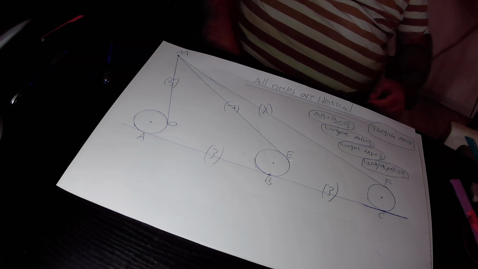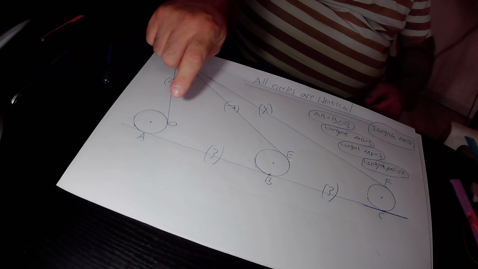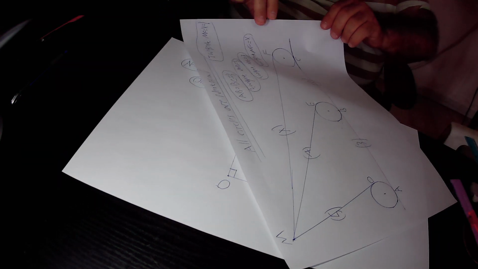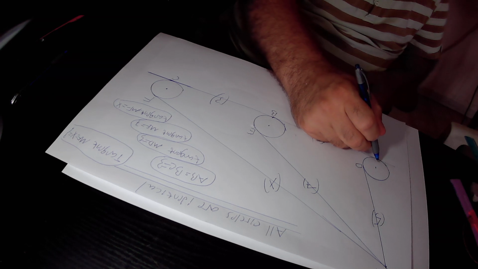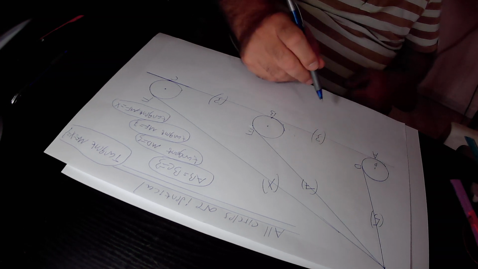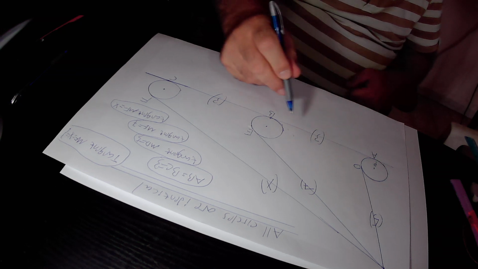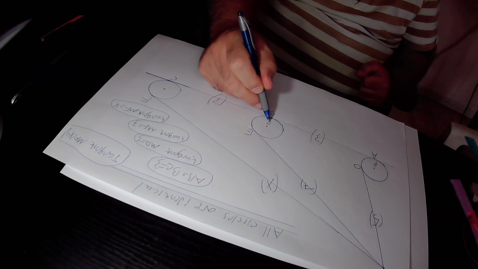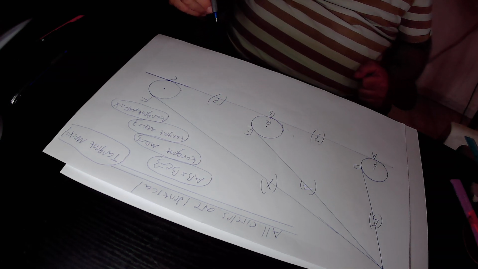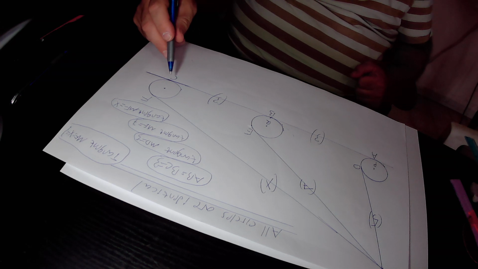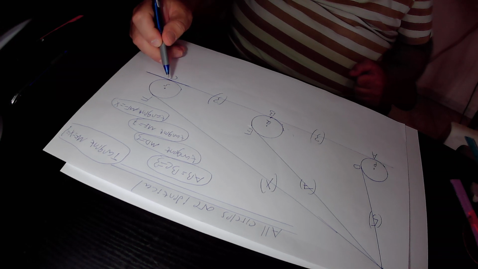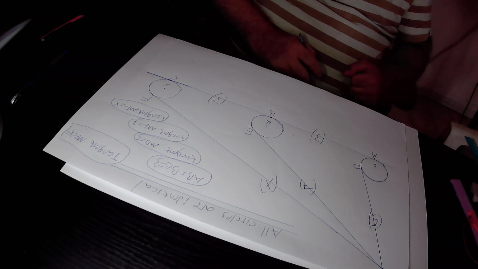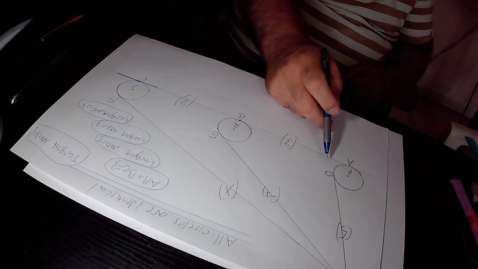So first of all, we define the center of this circle. This point is point P. We define the center of this middle circle. This point is Q. And we define the center of this circle. This point is point S. In the next step, we join points P and D together by a straight line.